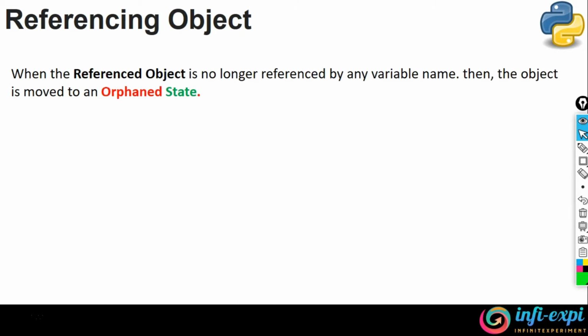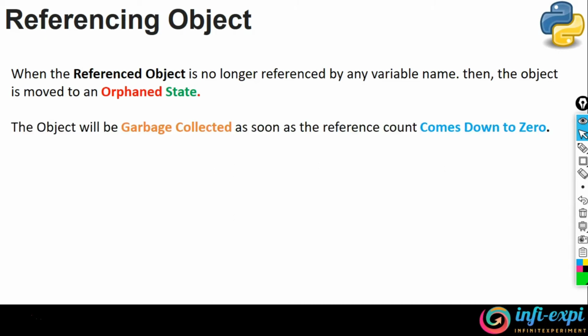For the same object, you can have multiple symbolic names mapped. But at the end, when no reference to that particular object exists, meaning the number of variables pointing to that object is 0, then the object is eligible for garbage collection or moved to the orphan state.